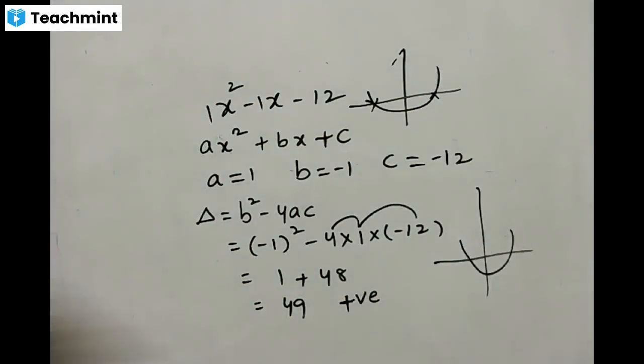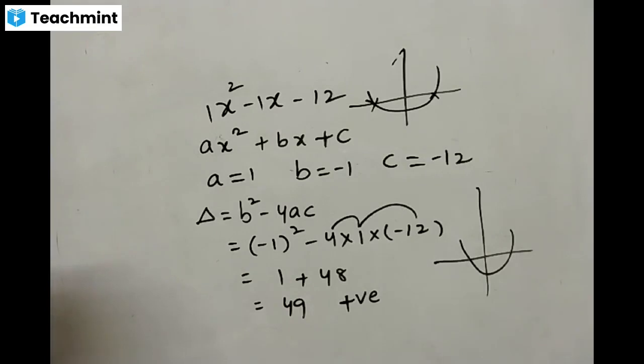Yes or no? Check whether the first graph, x square minus x minus 12, touches the x-axis at two places or not. Check the graph now. Is it touching the x-axis at two different places or not?